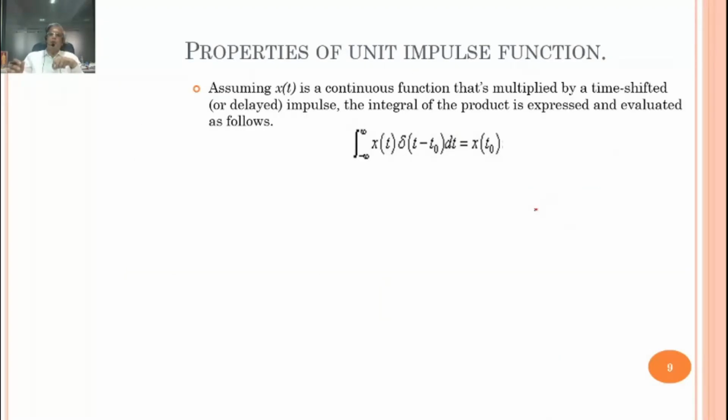Then the important property of the unit impulse function. Now assume that x of t is a continuous function at t equal to 0, 1, 2.